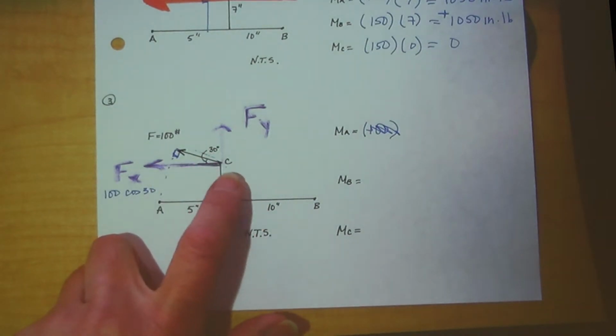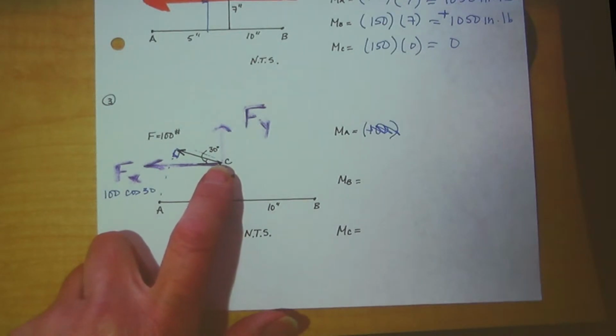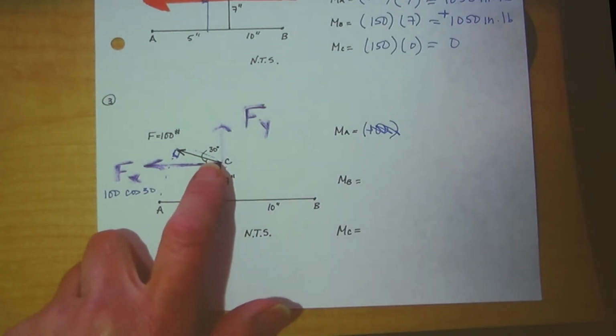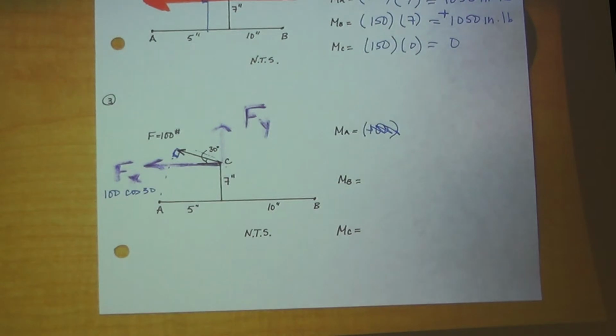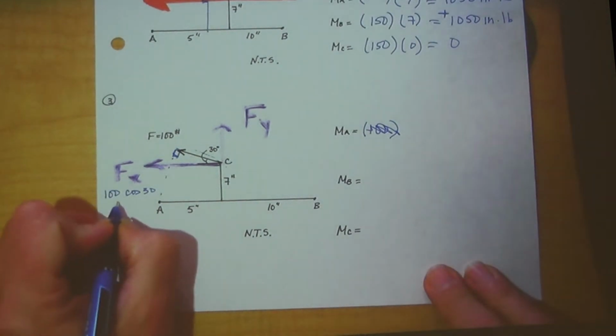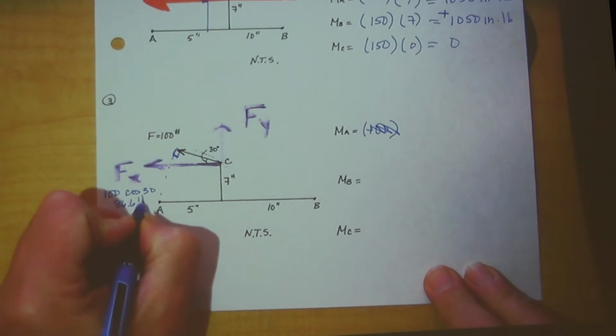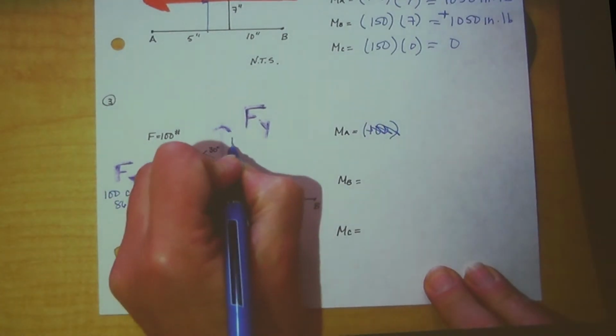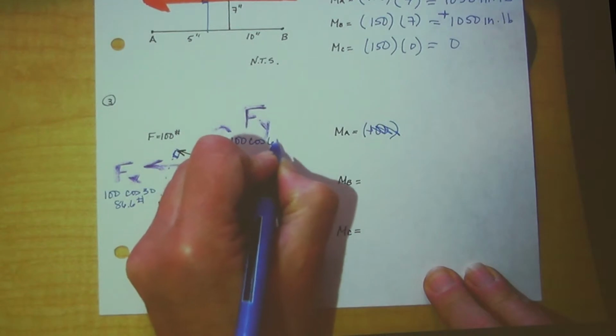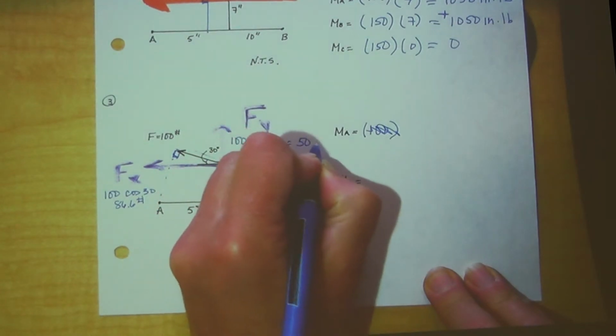Yeah, it would be. That would be to get the negative, but we don't need the negative. We only need the magnitude. So 100 times the cosine of 30, is that the 86? Yeah, 86.6. 86.6 pounds. And the Fy is 100 times the cosine of 60, which is 50 pounds.